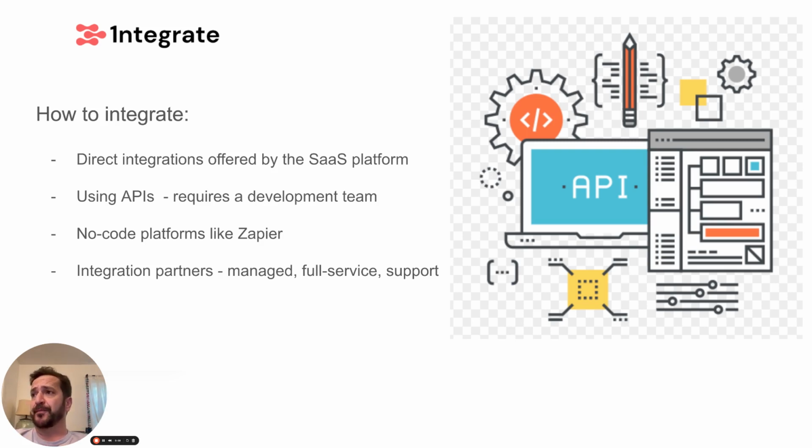So the last point on how to integrate is partnering with a provider. There's a number of different providers that have different business models. Some provide just consulting, some can help you build a Zap in your own Zapier account, for example. And then some, like OneIntegrate, are full service.